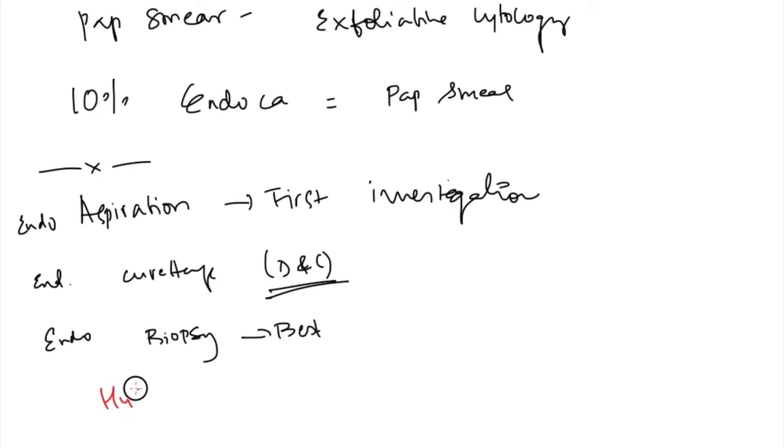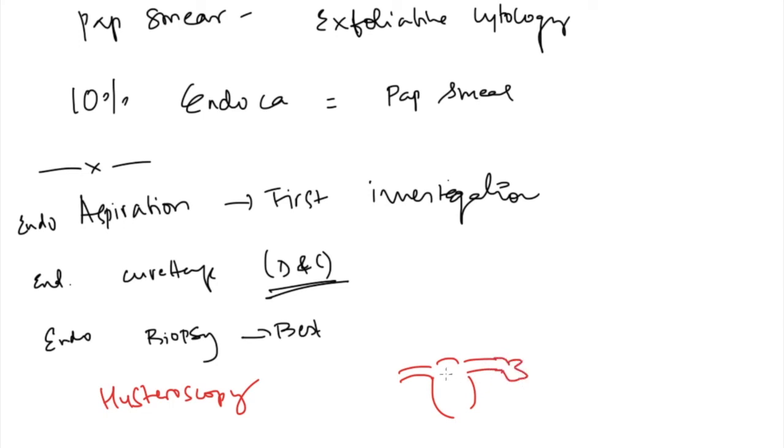Now there's one more point here, hysteroscopy. When you do hysteroscopy, you put a scope inside and fill the uterus with saline, so you're like giving a wash. Where does the fluid go? This is the uterus, these are the tubes.